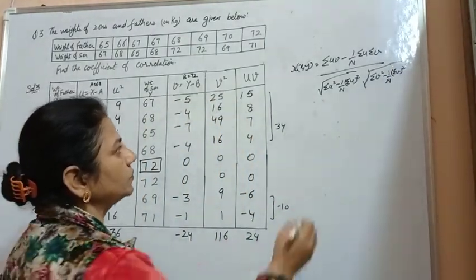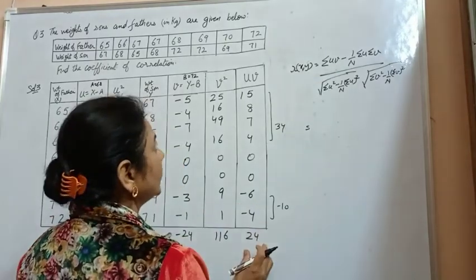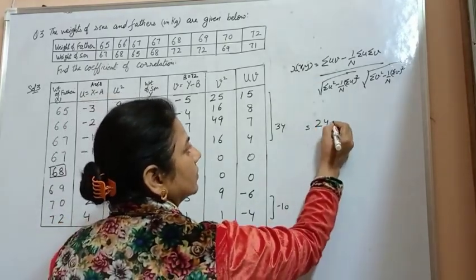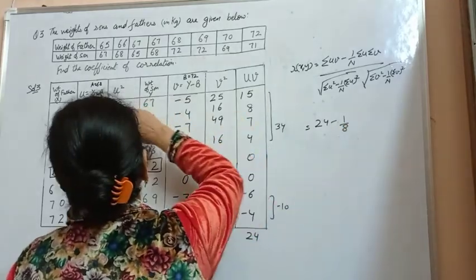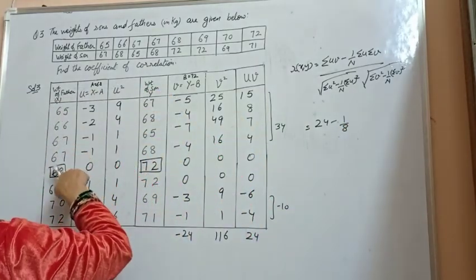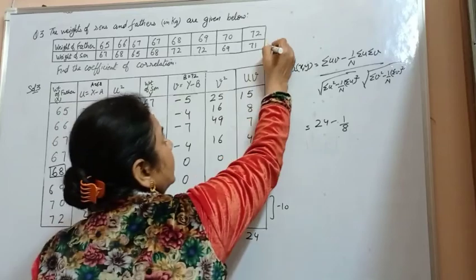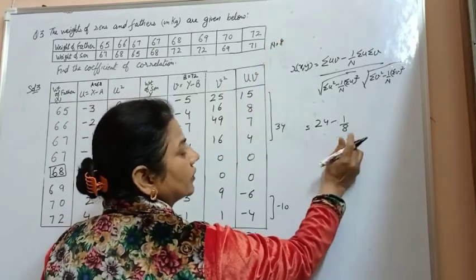Now substitute the values. Sigma uv is 24 minus 1 upon 8, as there are 8 observations, 1 2 3 4 5 6 7 8, so n is 8, therefore I have written 8 over here.